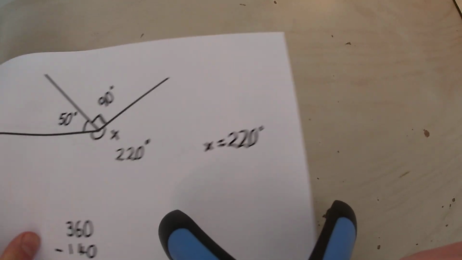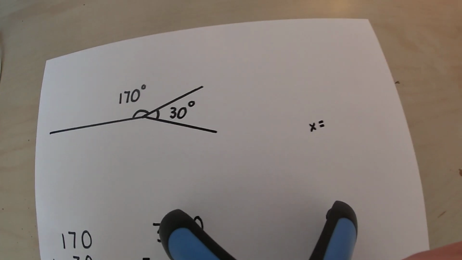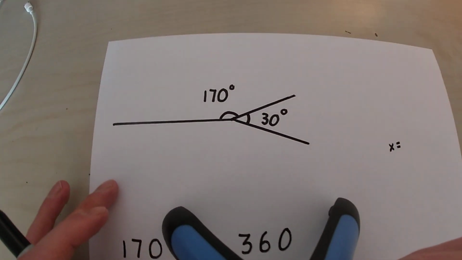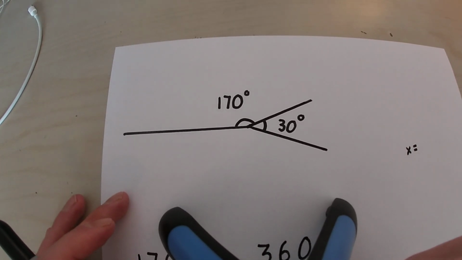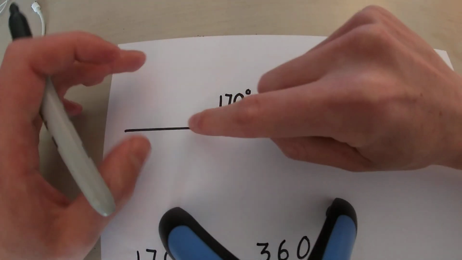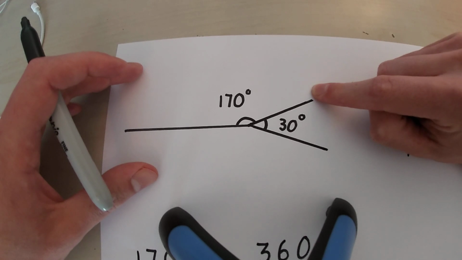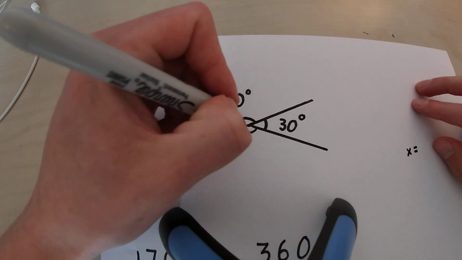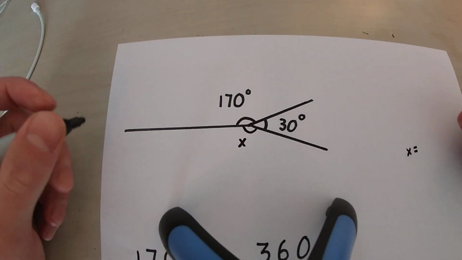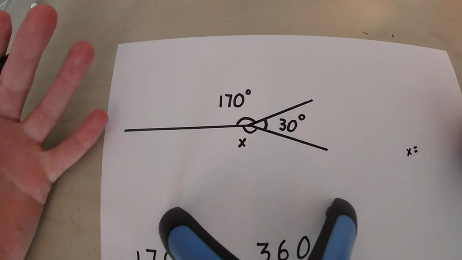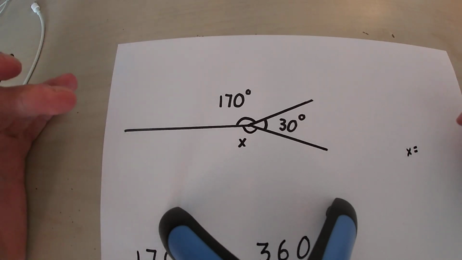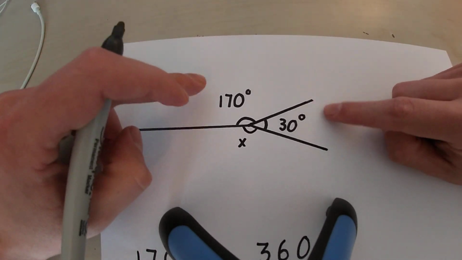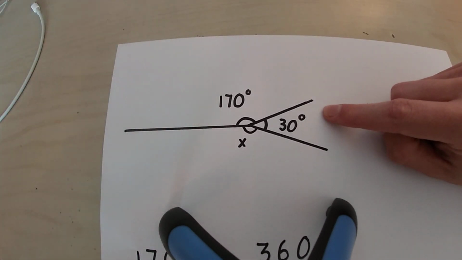One final example for you. We've got one angle which is 170, one angle which is 30, and we have our unknown angle, which we call X because we don't know what it is. Same as before, let's add up the bits that we do know to help us work out the missing bit.